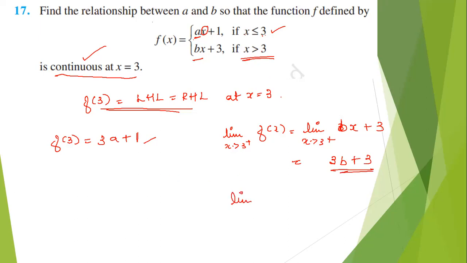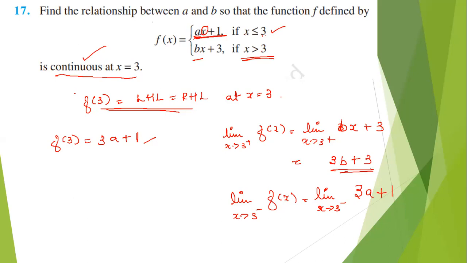What will be the left hand limit? Limit x tending to 3 minus f of x. Here you will get the same thing. For the left hand limit you have to take ax plus 1, so it will be 3a plus 1.